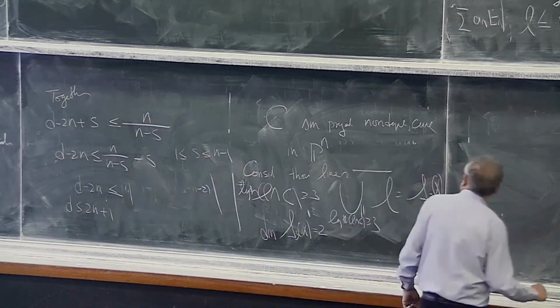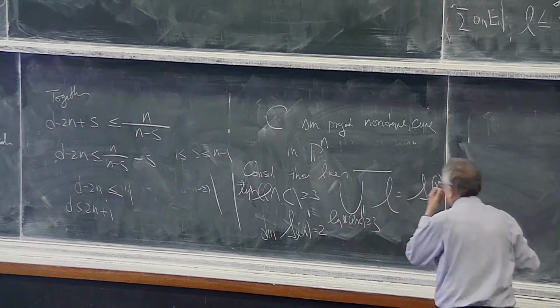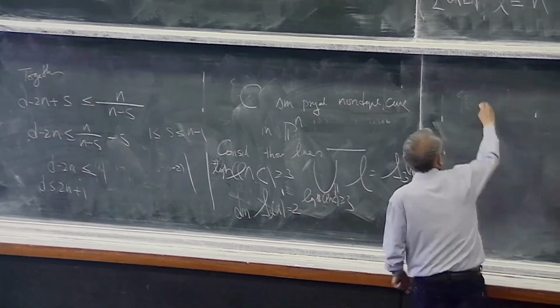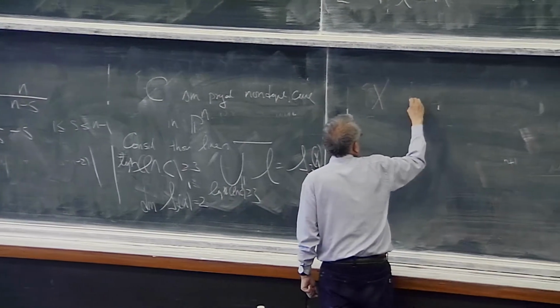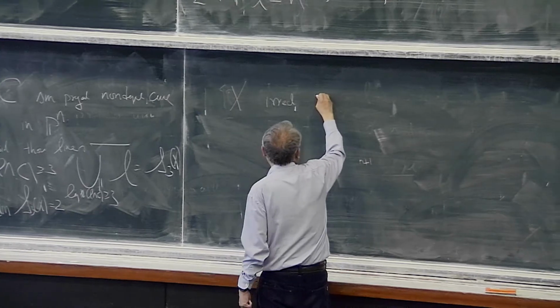And this had been generalized by Sifran in the early 90s. So let me set this up a little bit more generally. Let X this time, instead of smooth, be an irreducible projective variety.